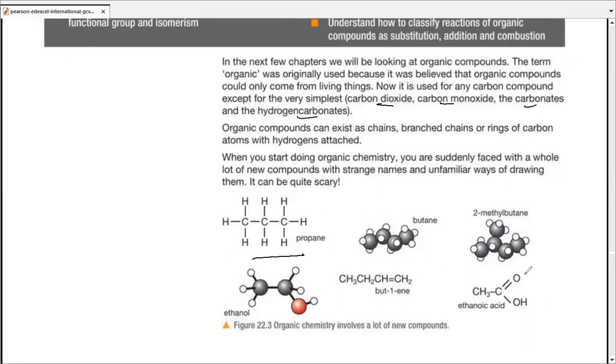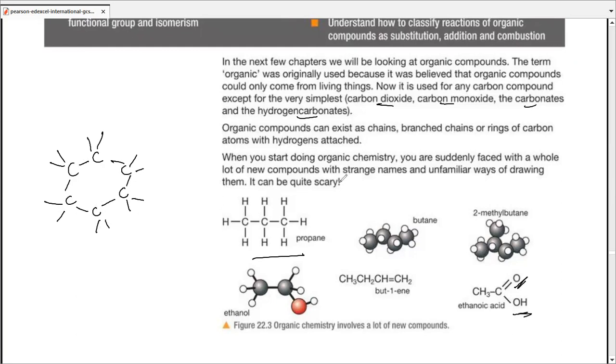Branched chains means they might have branches on the chain, top and bottom, like this one and this one. Okay? And they might have rings. Organic compounds can also be arranged into rings like this, and then they have other parts on this ring too. So we call these rings.